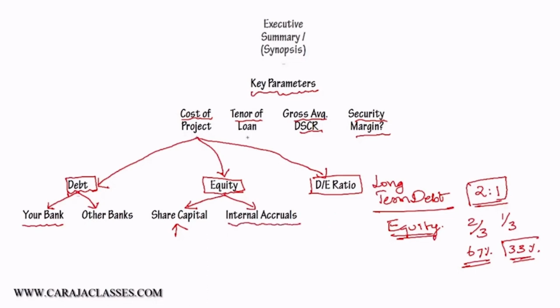And long-term debt to equity ratio of 2:1 means most of the contribution is coming from the borrower, and only 1/3 is coming from the bank. It means the borrower is assuming the majority of risk in this project, and bankers are going to get revenue out of this project because the major risk is borne by the borrower. So all this information will get captured here, and that will help the sanctioning authority to frame an overall picture of this borrower.